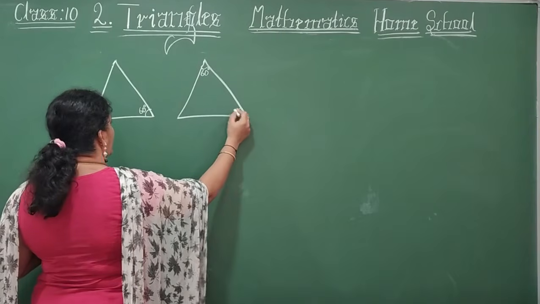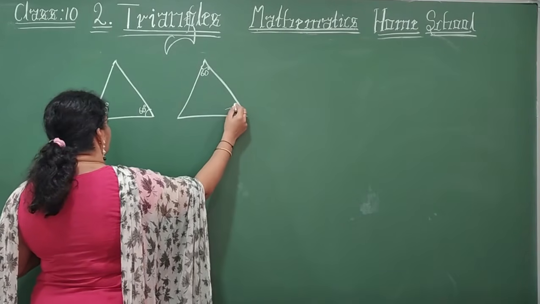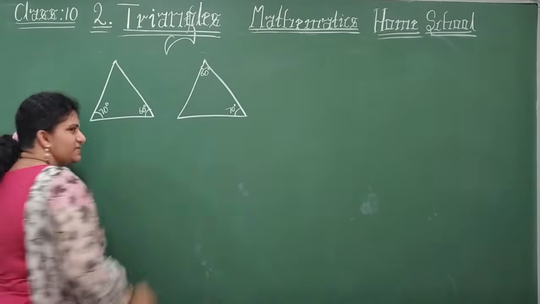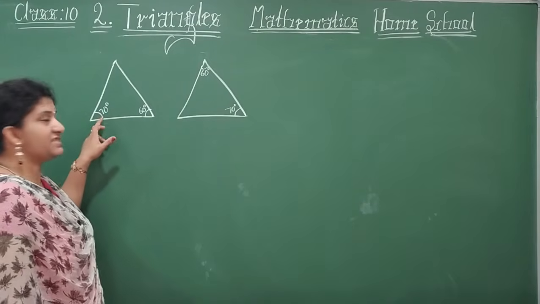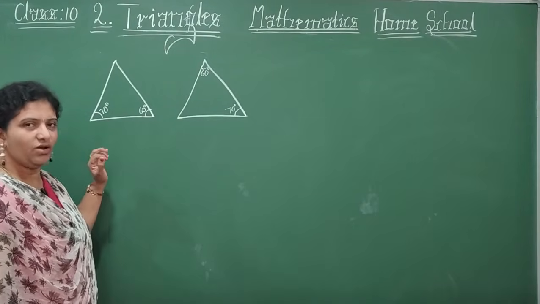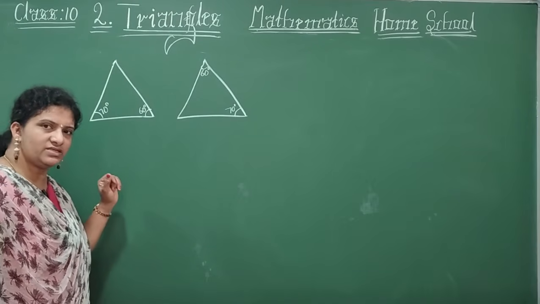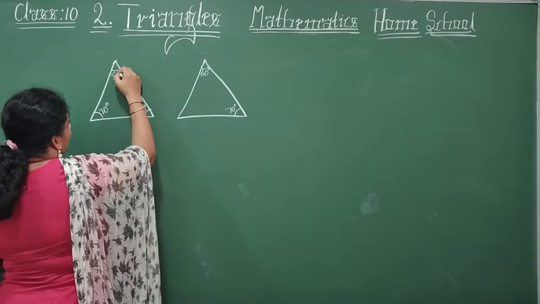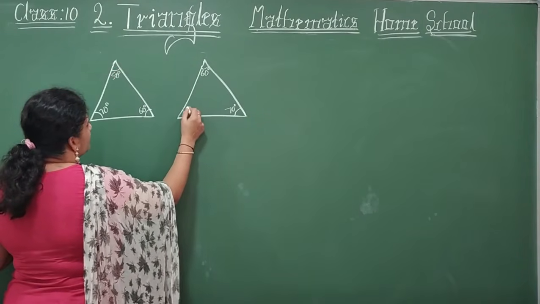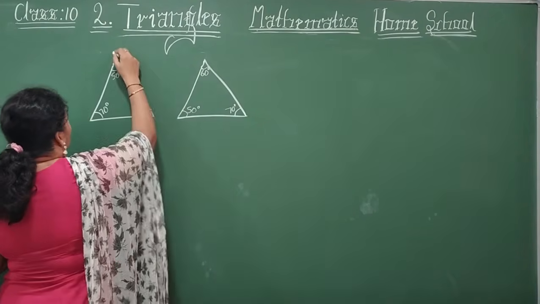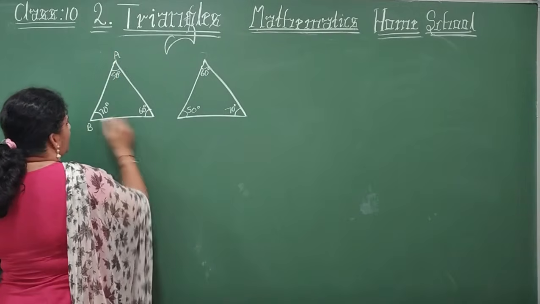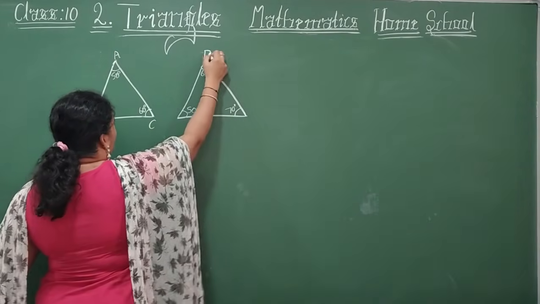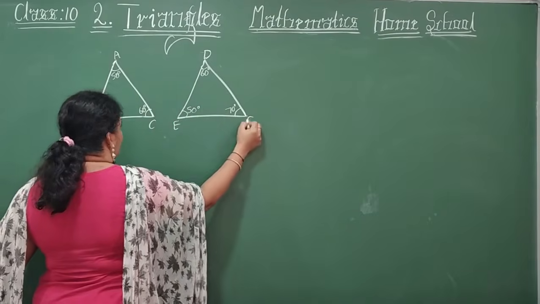Then how much is pending? 60 plus 70 is 130. 180 minus 130 is how much? 50. So let's take this one 50 degrees, and let me take this also as 50 degrees. So A, B, C, D, E, F.